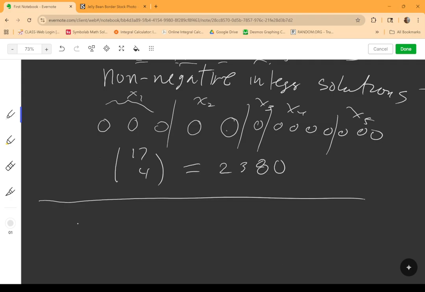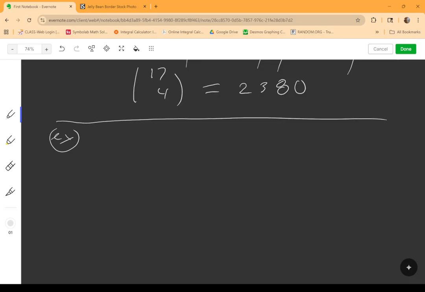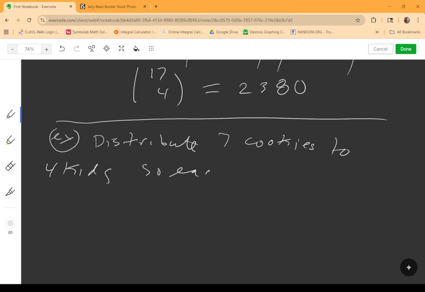All right, now we can modify our problem and make a variation, maybe with the specification of at least 1. So let's say, going back to our cookie problem, we want to distribute 7 cookies to 4 kids, so each kid gets at least 1.